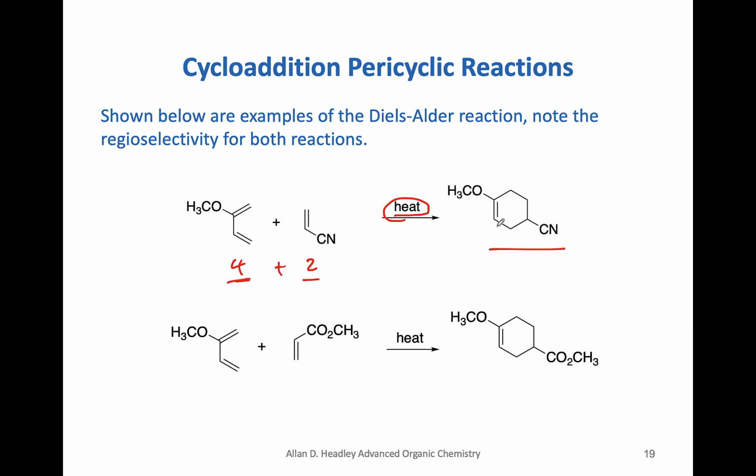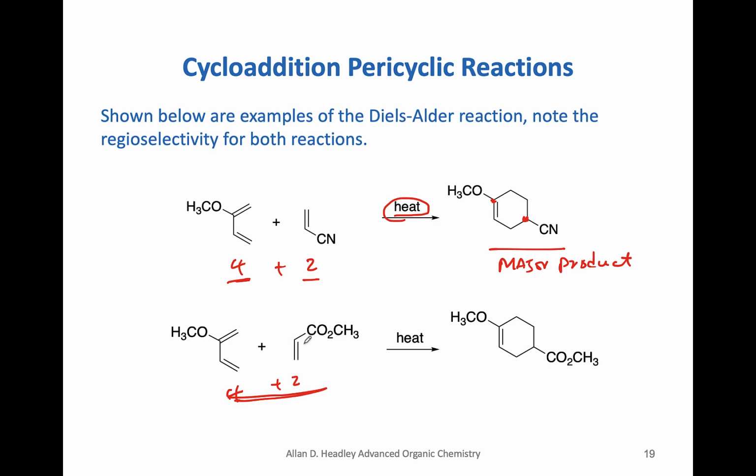Here's the product. Notice the relationship. It's a 1,4 relationship that we have explained before. So this is now the major product, and not the 1,3. Here again, even though this is written a little differently, this is still the 4 plus 2.